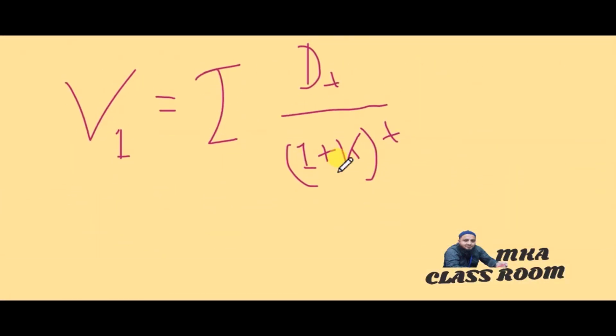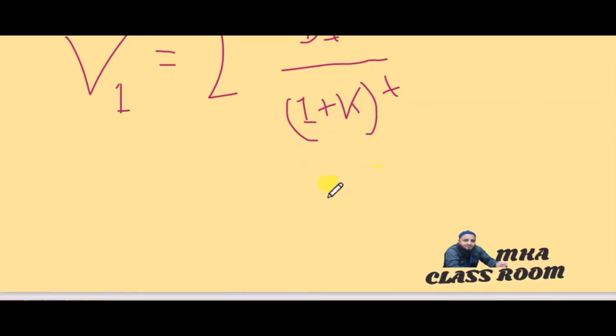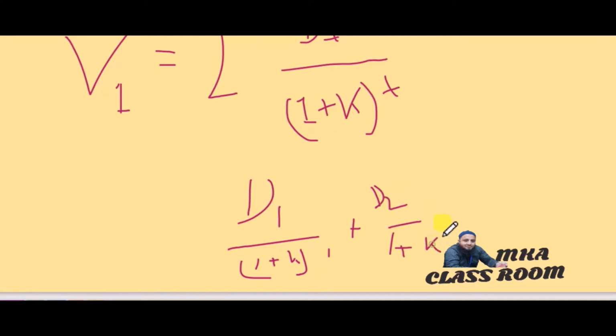Now we will see our formula for valuation 1, where dividends can go through several years at different rates, different dividends. D1 divided by 1 plus k power 1, plus D2 divided by 1 plus k power 2, and so on.